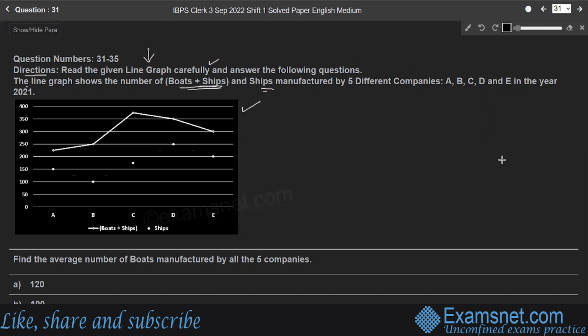Let us make a table in which all 5 companies A, B, C, D and E, the number of boats and ships prepared by them, and only the number of ships prepared by them is given. Right? So let us make a table. Let us take companies first.